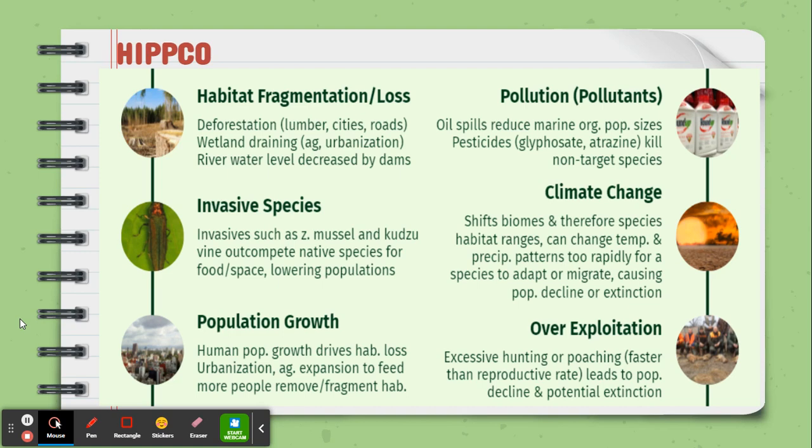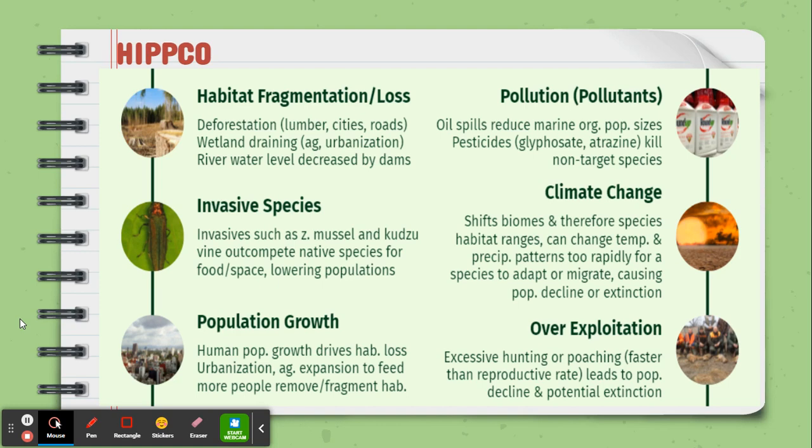We can see that happen due to deforestation, right, to clear land for agricultural purposes, to create cities, roads. We could see wetlands be impacted by the draining for similar reasons. We know invasive species, right, like our zebra mussel, the kudzu vine, our spotted lanternflies, they all have the ability to outcompete native species, which forces their populations to decline.